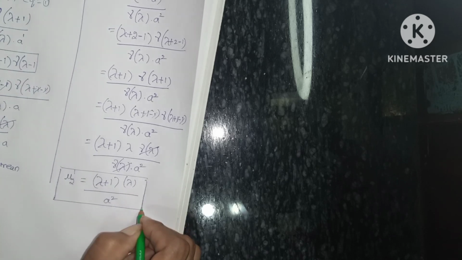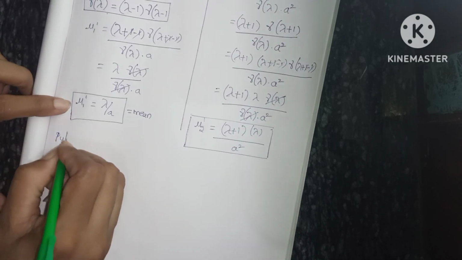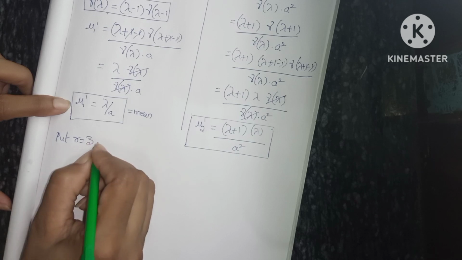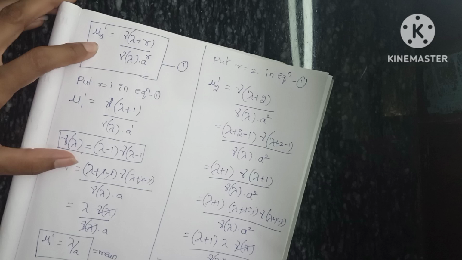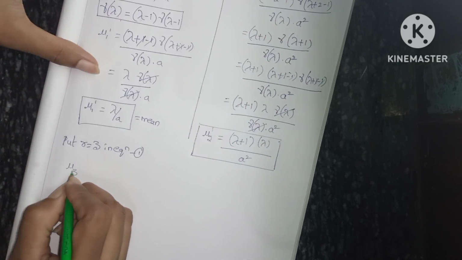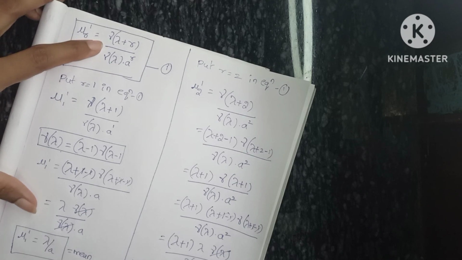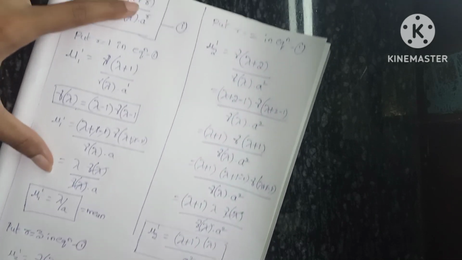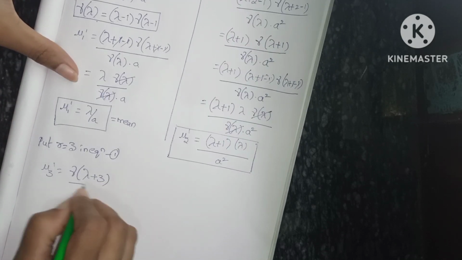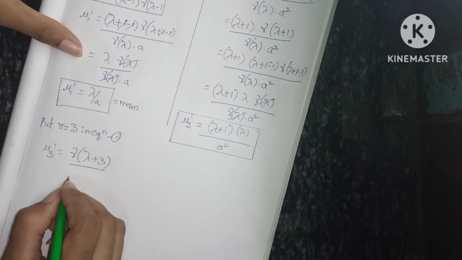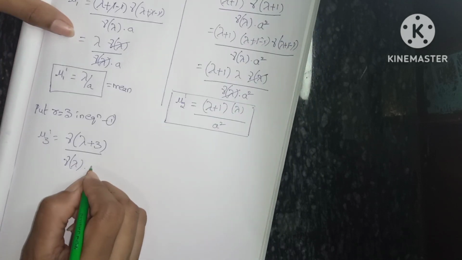Now put r equals 3 in equation 1. So mu 3 dash equals gamma of lambda plus 3 by gamma of lambda into a power 3, that is a cube.